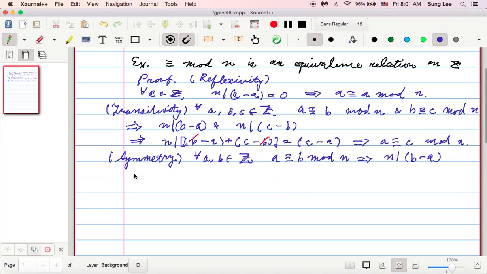So what does that mean? That means b minus a equals n times k, for some integer k.